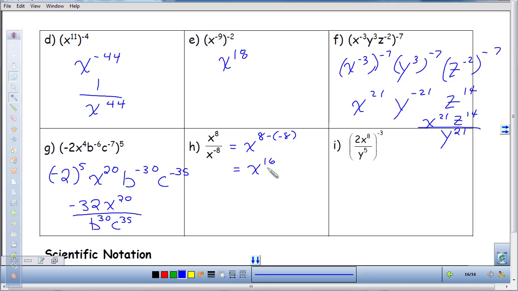Well, right, if you subtract it, it's 8 minus negative 8. Right, now if we had x to the 8th over x to the 8th, that would be x to the 0, which of course we said is 1. Okay.